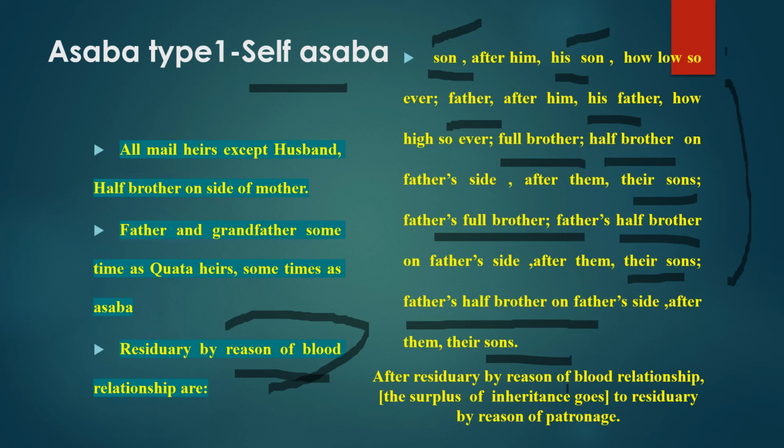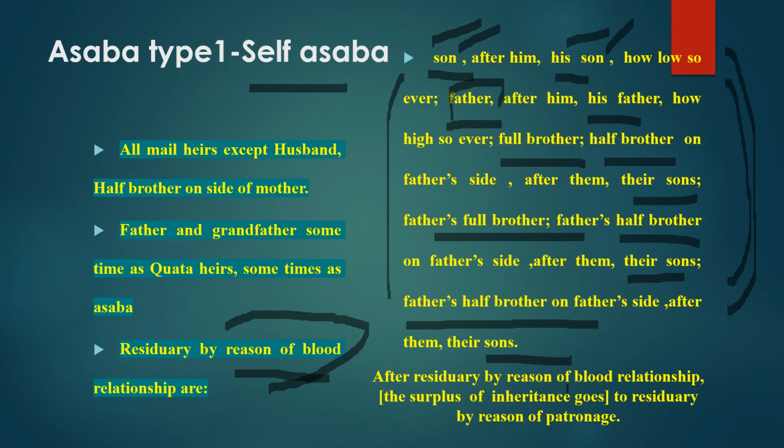So all the people in this list will not be asaba once the person before them is alive. If the son is not alive, then the case will be controlled by his son. No other will inherit. And if there is no son or son's son, then the case will come to the father, and no other will be asaba. Inshallah you will be very familiar in the coming detail.